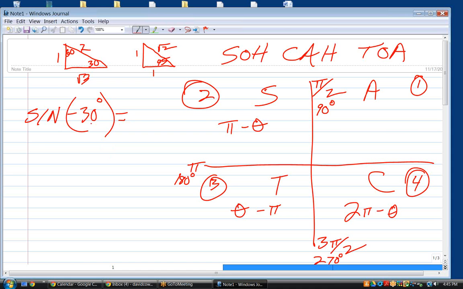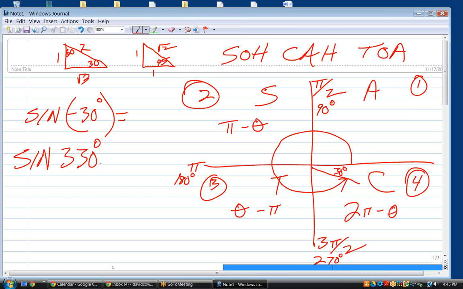If I wanted to do the sine of minus 30, well that's that angle right there. Well, that's the same as that angle. So that should be identical with the sine of 330 degrees, right? All coterminal angles are the same. So by taking this angle and adding 360 to it, I don't change anything. It's going to give me exactly the same value as the sine of minus 30.